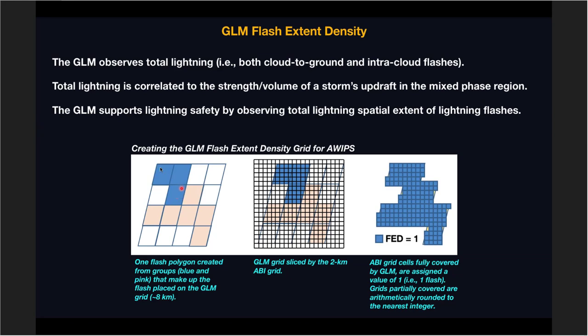So that we can make that product on the GLM grid on the left here, and you can see the footprint of this one flash is like this. But AWIPS can't handle that really well.